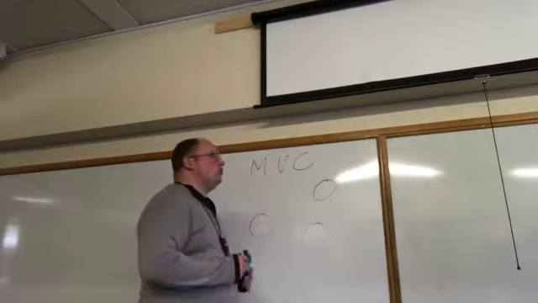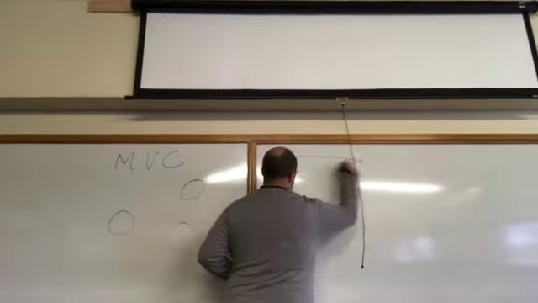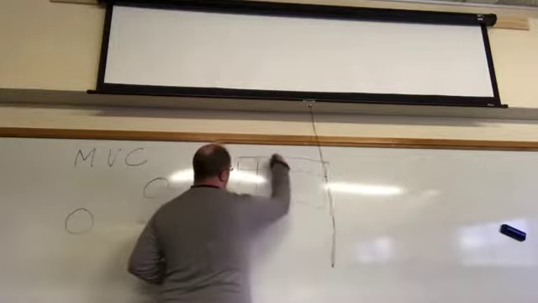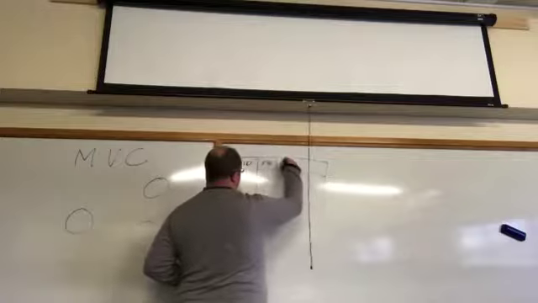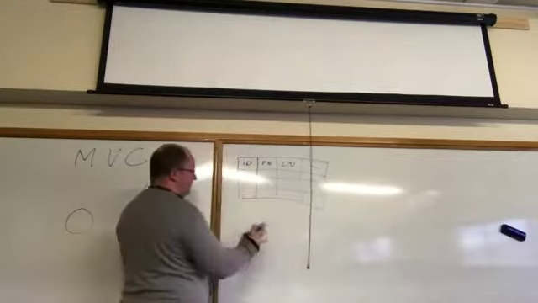So if you have a look at your database, and you're going to create your tables, you'll have things like your columns, like your ID or your first name and your last name. And then you have your rows that have that data, right?